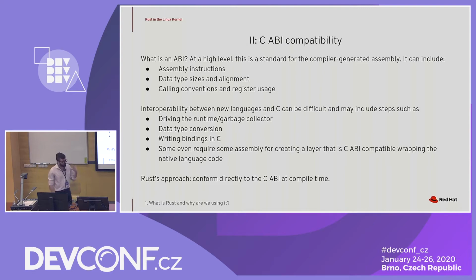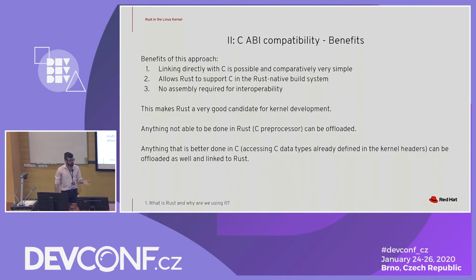So Rust's approach is that you can explicitly coerce functions to really stick to the C ABI at compile time. And so we get some major benefits from this. One of the things that we're going to get is that we can link directly with C. And this is pretty simple compared to some of the other approaches I outlined.